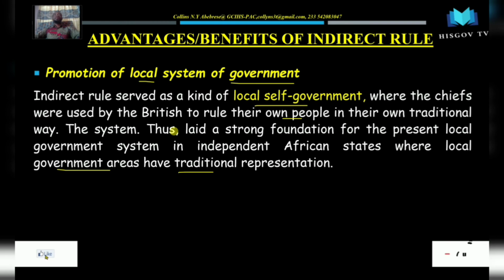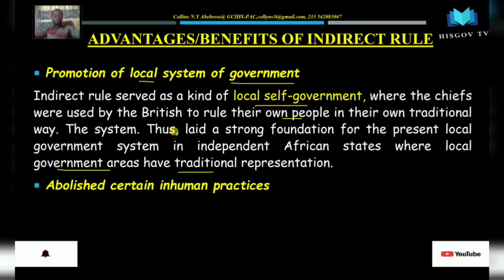They were the ones trying to implement whatever the British wanted to introduce. It was the chiefs that implemented those ideas or those policies. Okay, and so that is why we are saying that it led to the promotion of the local system of government. And so yeah, I think that's all.